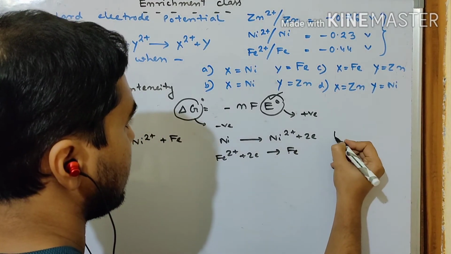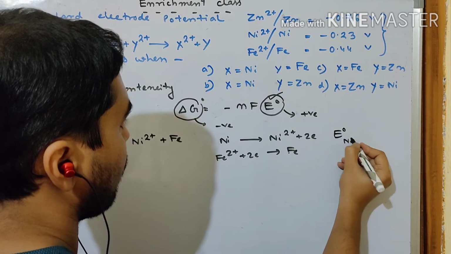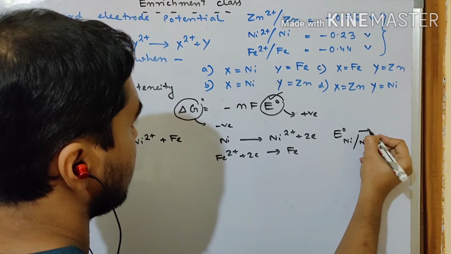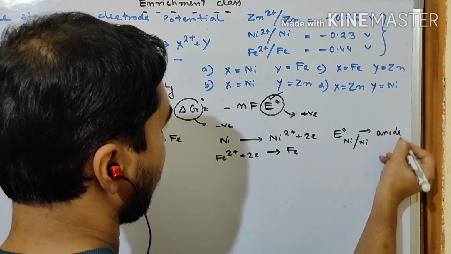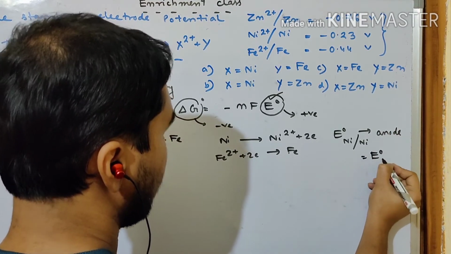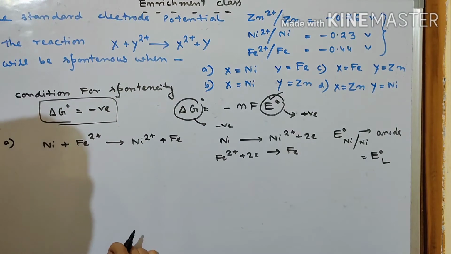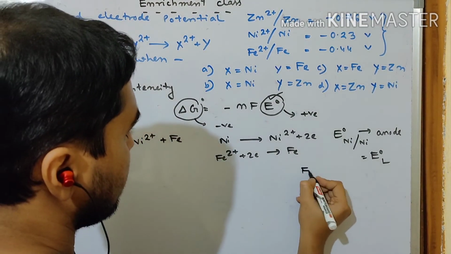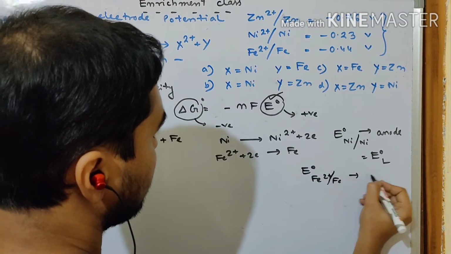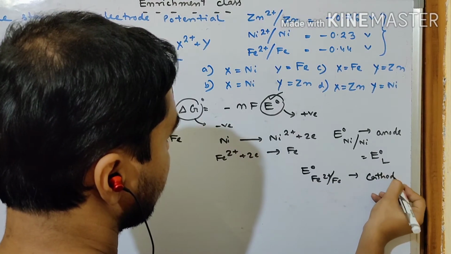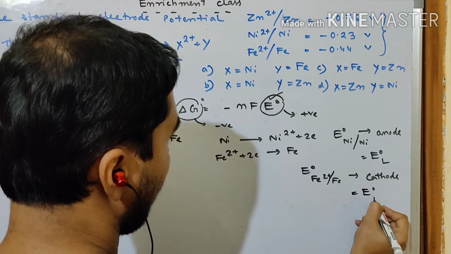So E0 of Ni/Ni2+, this one should be regarded as anode, which is E0L, and this one, E0 of Fe2+/Fe, should be cathode, which is E0R.